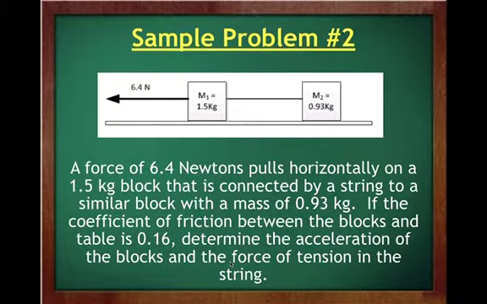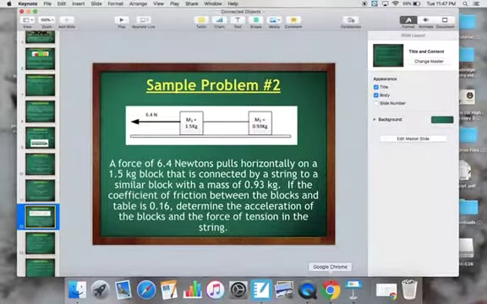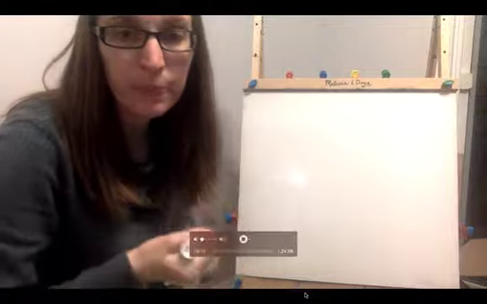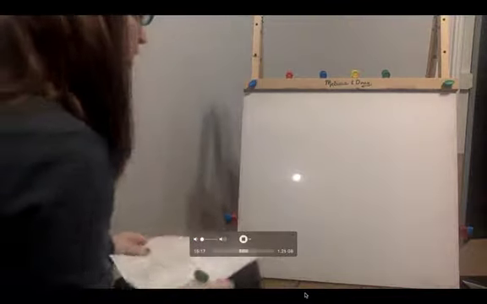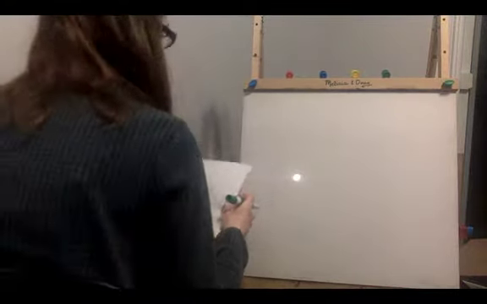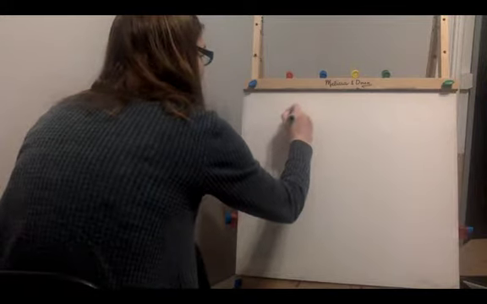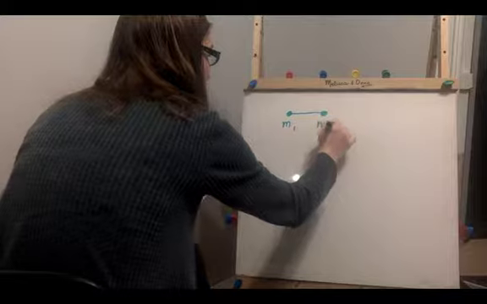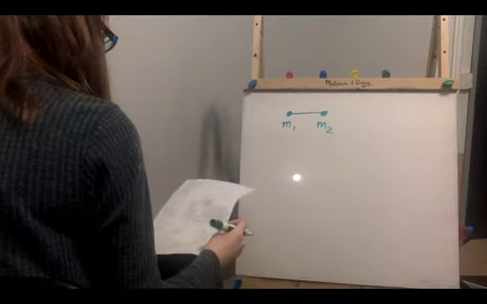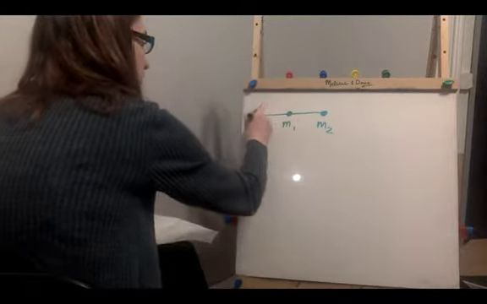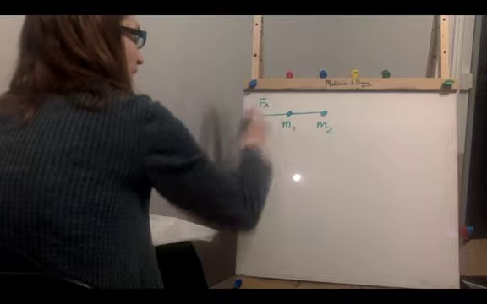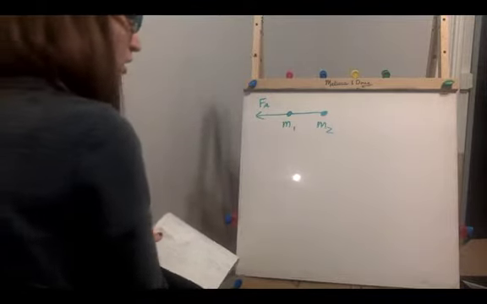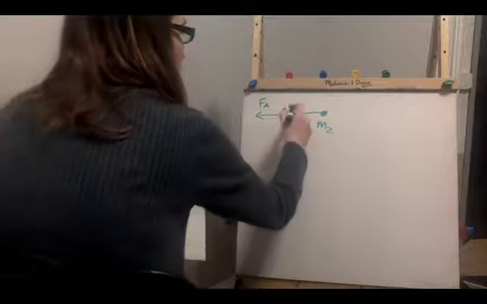Okay, so if we take a look at this one, again, if we were trying to draw a free body diagram here, you've got your first mass connected to your second mass. And there was an applied force acting in that direction, based on the diagram that we saw. And then you've got tension in a string.